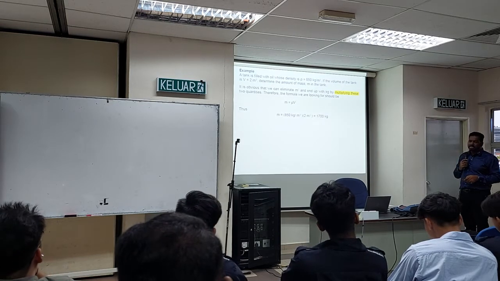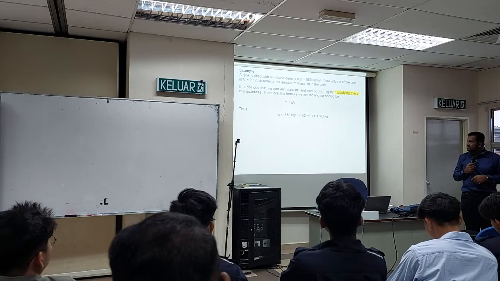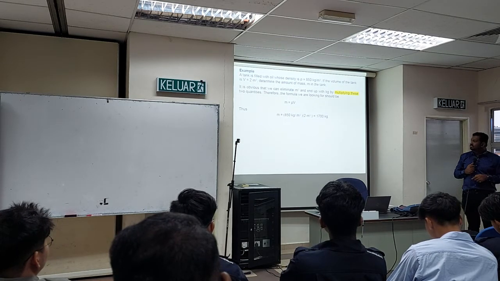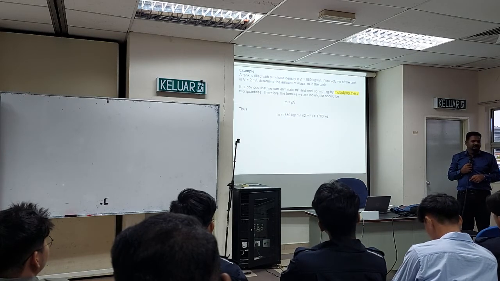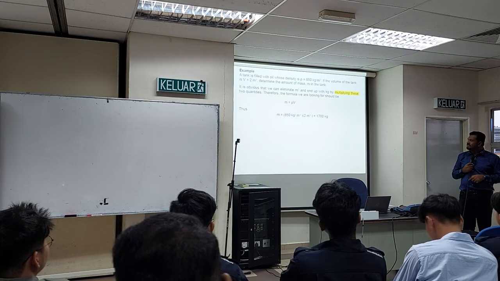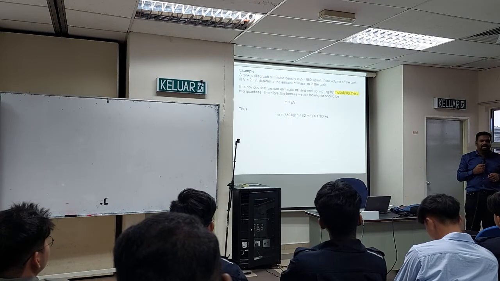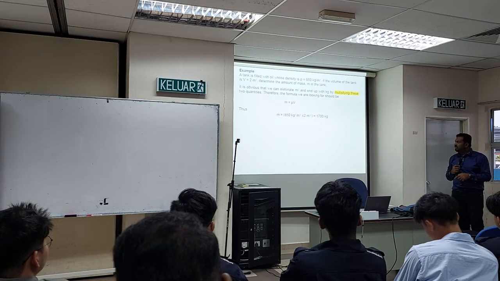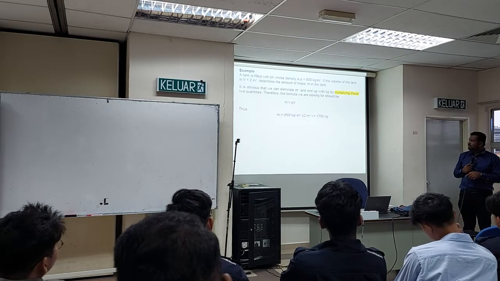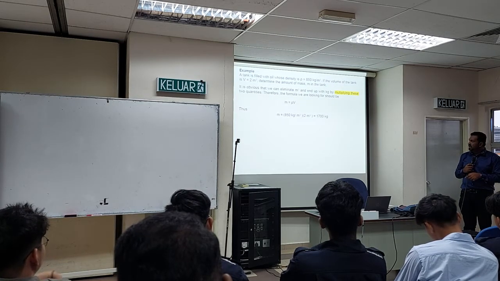Okay, so is this dimensionally homogeneous or not? Homogeneous ke tak? Yang ni, homogeneous ke tak? No. Tapi boleh buat kan? So selalunya darab and bagi it can be done even though it's not the same because you can cancel.